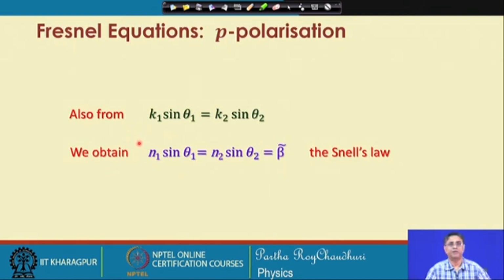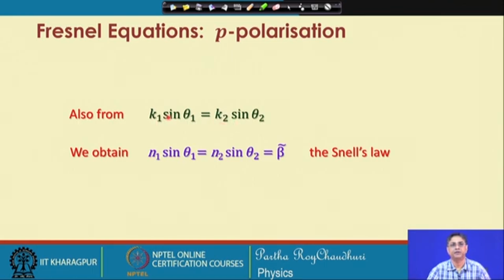And also from the above condition, k 1 sin theta 1 is equal to k 2 sin theta 2. So, when we connect the two media, that is mu 1 epsilon 1 and mu 2 epsilon 2, that is k 1 and k 2.